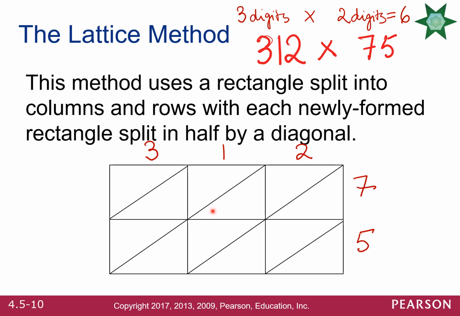We do that for each and every cell; you see they have drawn diagonals across each cell to split each cell into 2 equal parts. And once we complete that, now it looks more like a lattice.